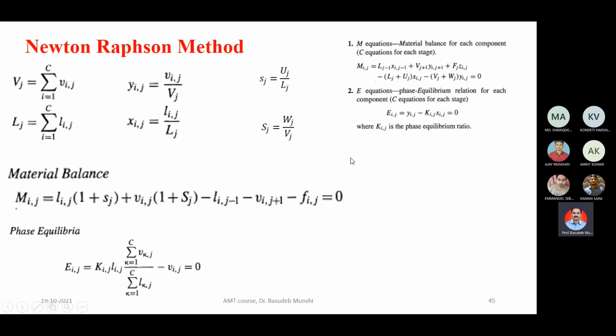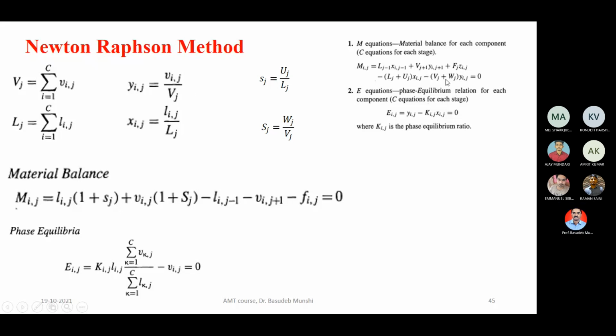And also we will replace this Xij minus 1 by Lij divided by Lj, and Lj is equal to sigma Lij. Right? Clear? And here Vj plus 1 is equal to sigma Vij plus 1, and Yij plus 1 is equal to Vij divided by sigma Vij.